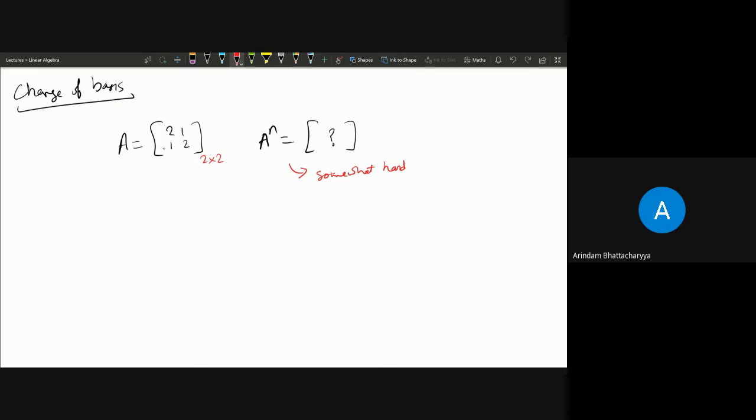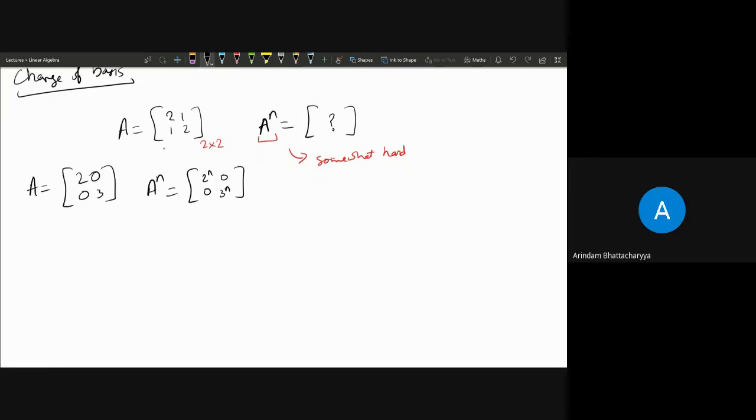If I give you a general n cross n matrix, it is a hard problem to find out what A to the n looks like. But if the matrix has a special form, suppose the matrix looks like this, then you can quickly tell me what this is. Someone? 2 to the power n and 3 to the power n. Right.